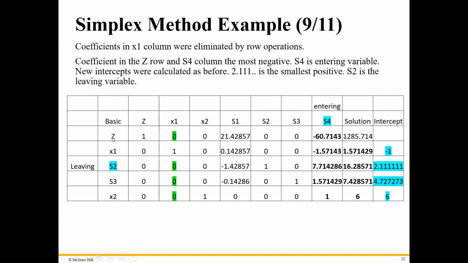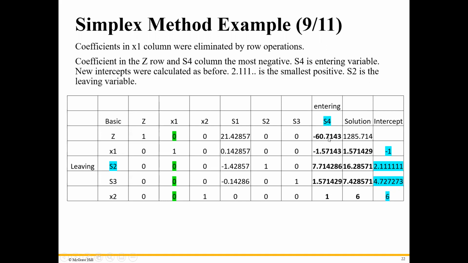Okay, so now after doing this, again we will look at this first row. This first row unfortunately has another negative value. So that means we cannot stop our operations here. Since it is a negative value, this will become the entering variable.